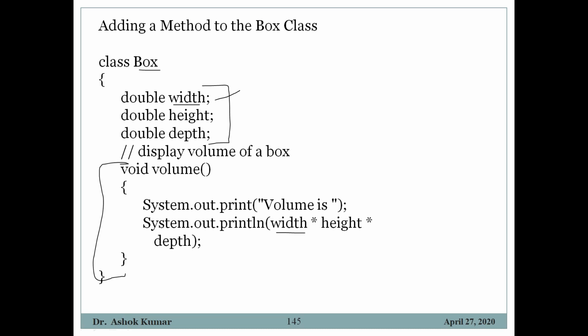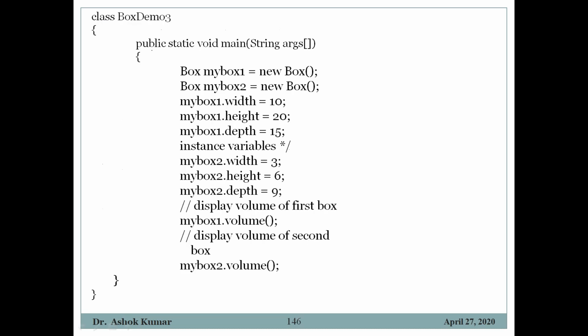Here is the rest of the class we implemented on the previous slide. In this slide, we are constructing an instance of the Box class using this line. We have two objects in this case.